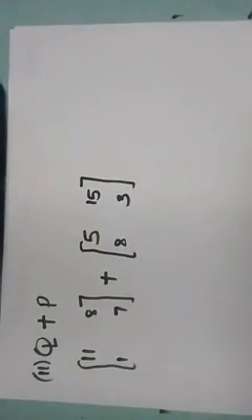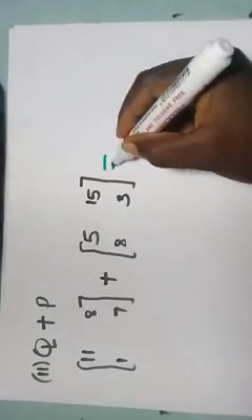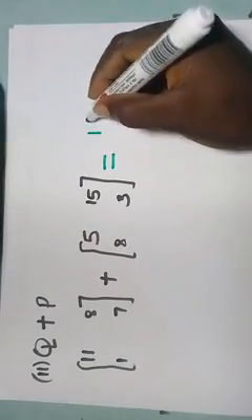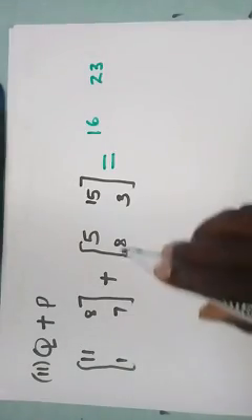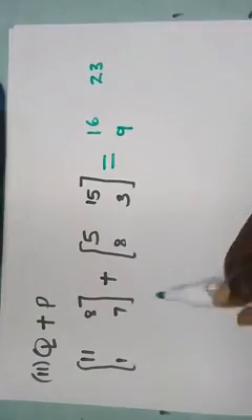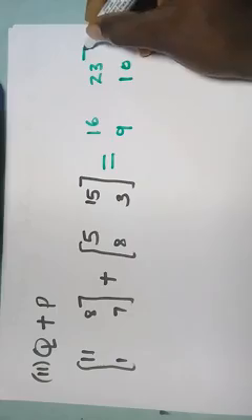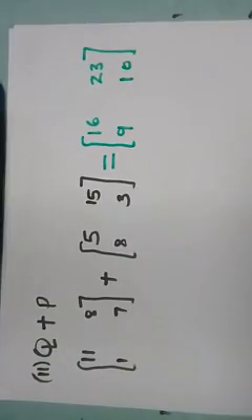That's addition. We are supposed to do addition of those two matrices. This is matrix Q and this is matrix P. And what will be our answer? We just do it the same way. 11 plus 5 will give us 16. 8 plus 15 will give us 23. 1 plus 8 will give us 9. 7 plus 3 will give us 10. Therefore, our answer is in the form of that matrix.